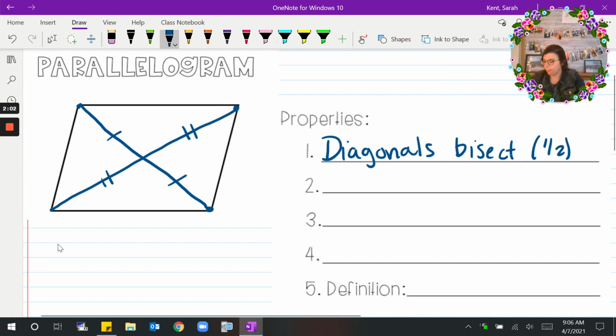All right. Property number 2 is that our same side angles, that's our symbol for angle, equal 180 degrees.